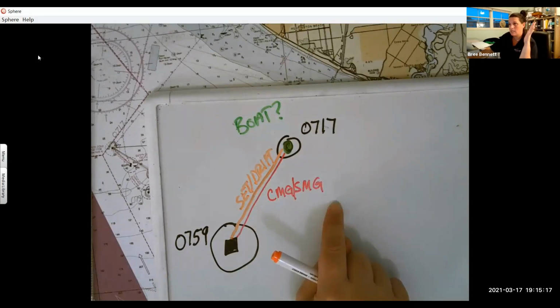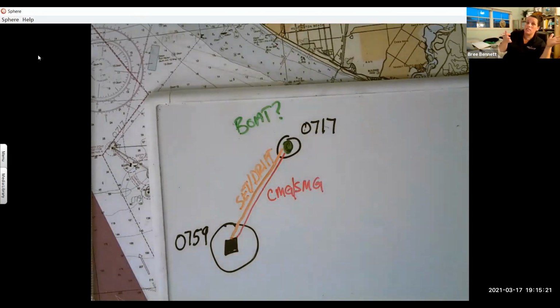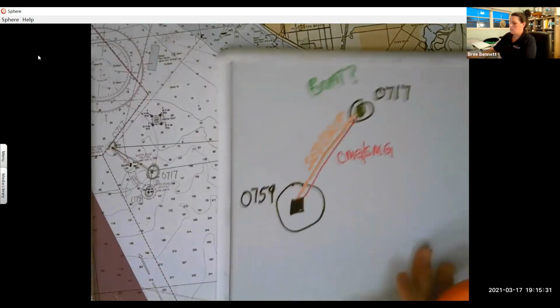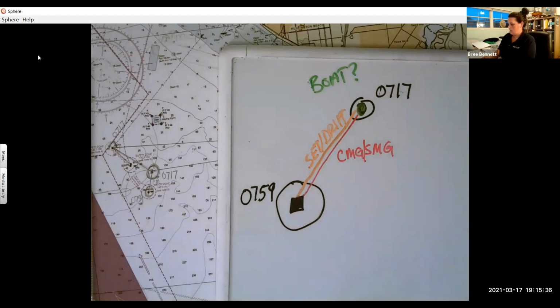Does that make sense? We're literally just drifting with the current, and that is the current that we are experiencing. Okay, so let's measure our line here to see what our current is.